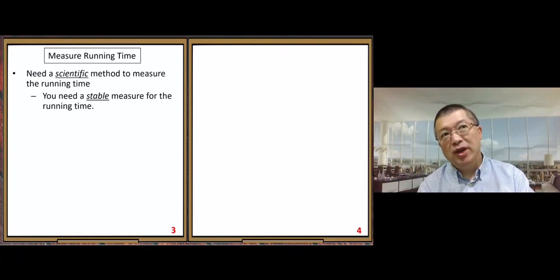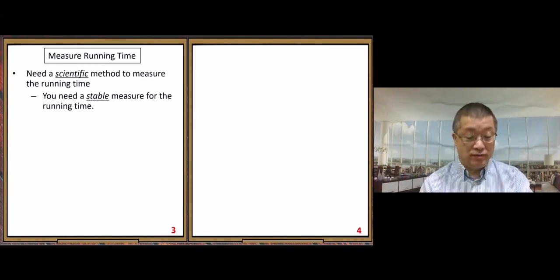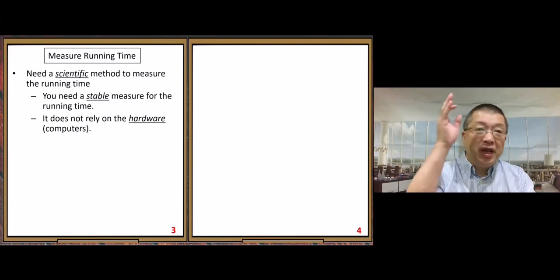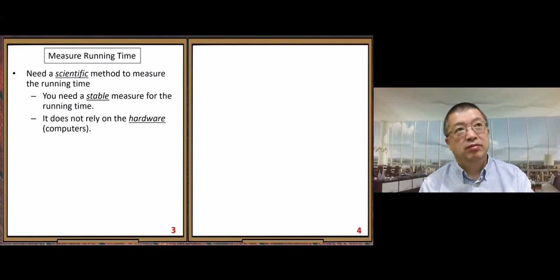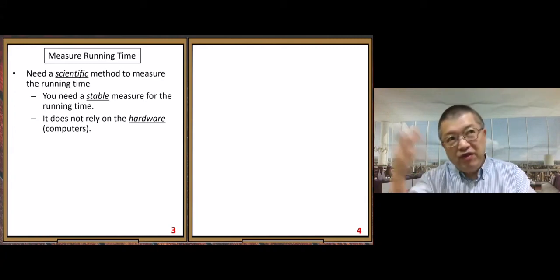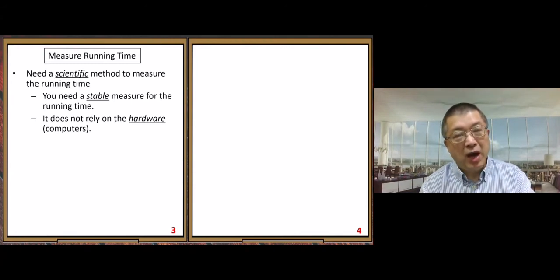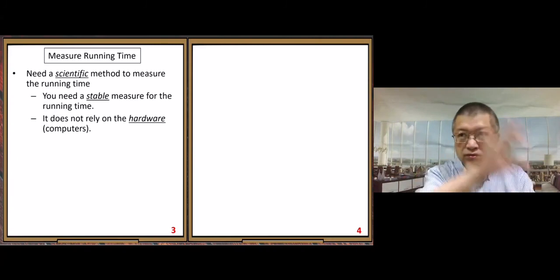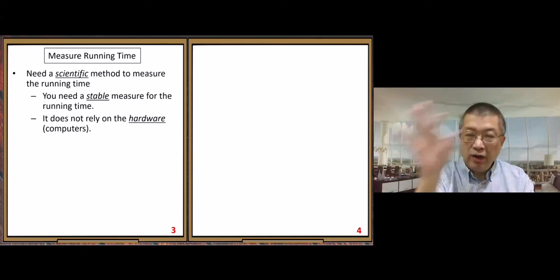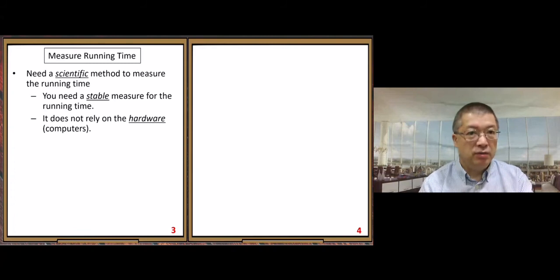Remember we talked about this before, stable measure. What do you mean by stable measure? It does not rely on the hardware. Very fast computers, very slow computers, doesn't matter. We don't want our measure to rely on the performance of the computers.